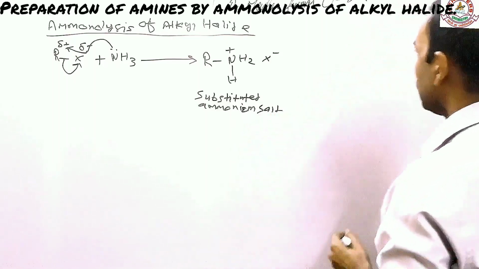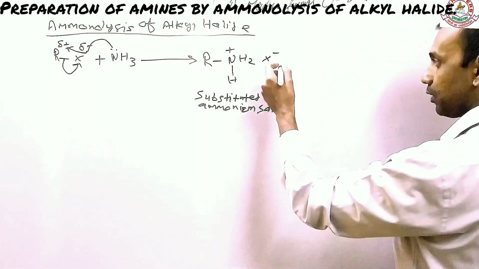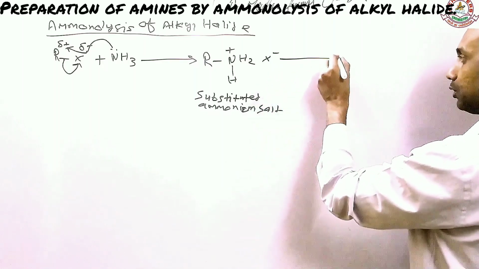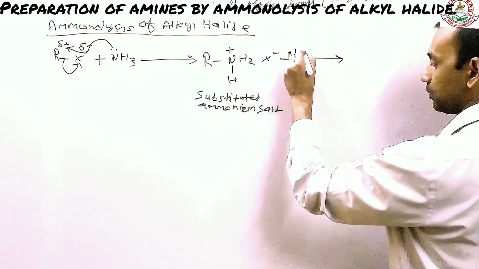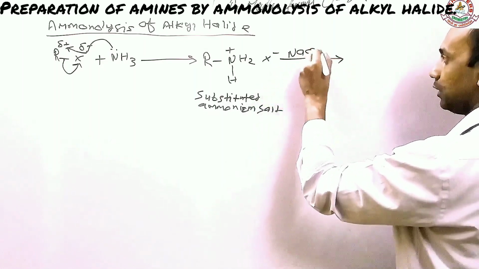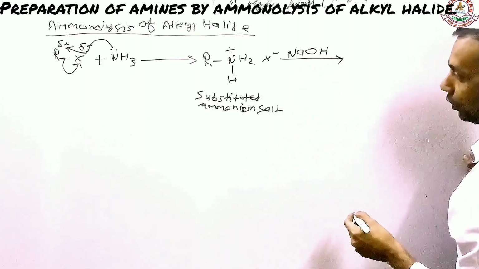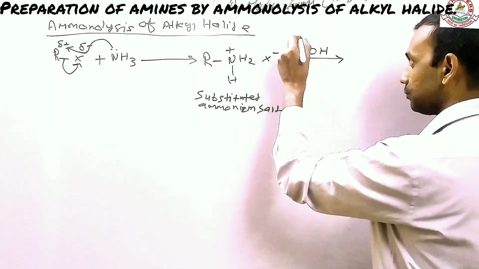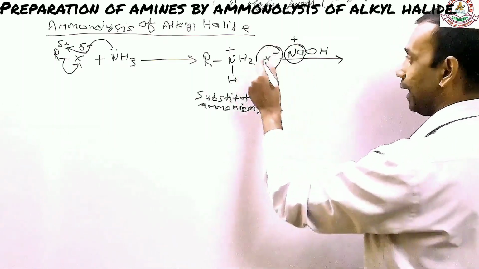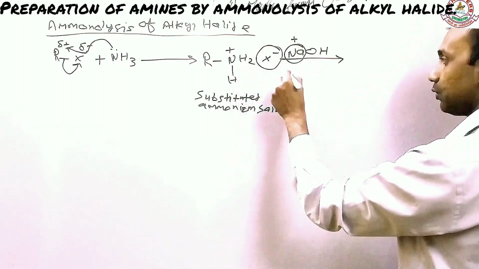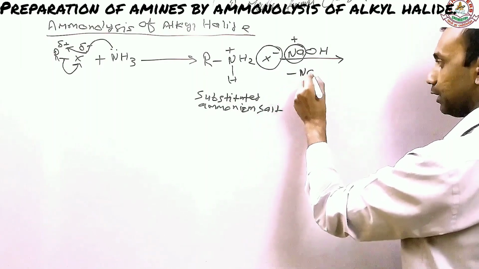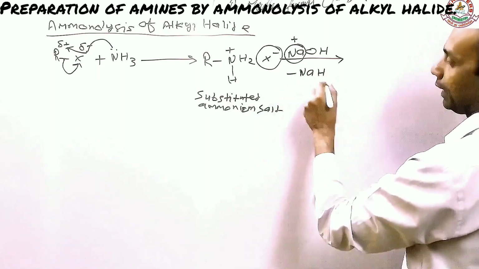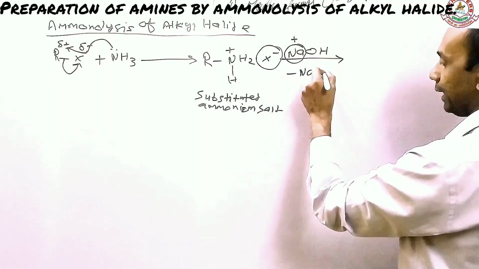Then what happens in the next step? This substituted ammonium salt reacts with sodium hydroxide. Sodium, being highly electropositive, attracts the halide from here, and they come out as sodium halide, NaX.